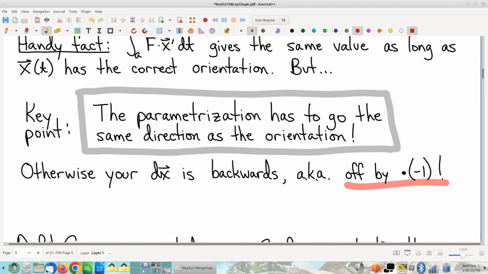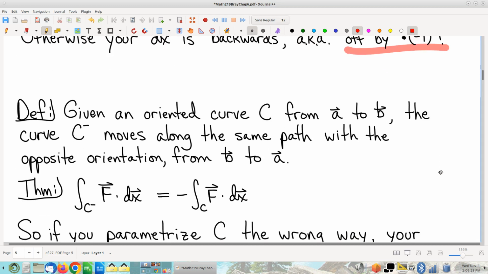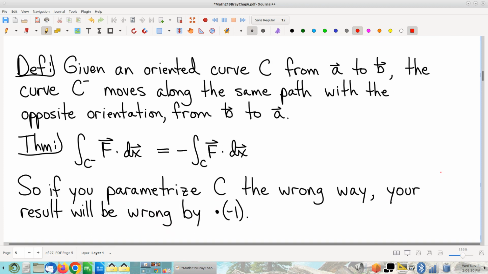Again, if you parameterize backwards, you're off by -1. There's an easy way to say this. We just first have to make up a notation for what we mean by parameterizing backwards, and that's the little minus sign as an exponent. Really convenient little notation there, and what that means is do the curve C, just go the other way.